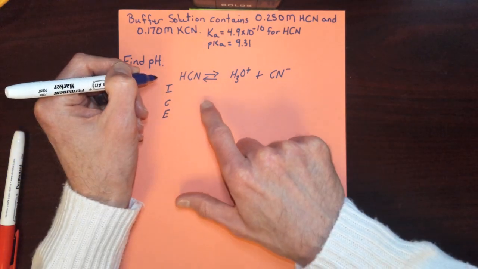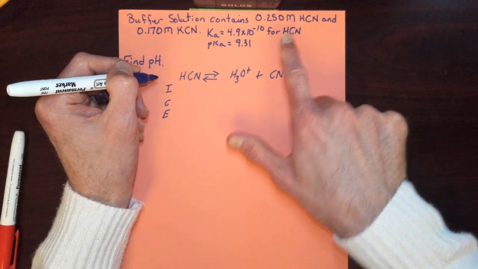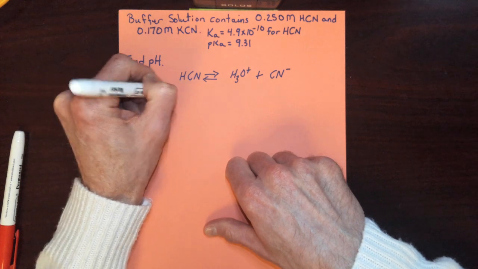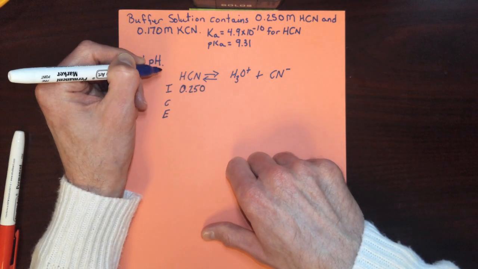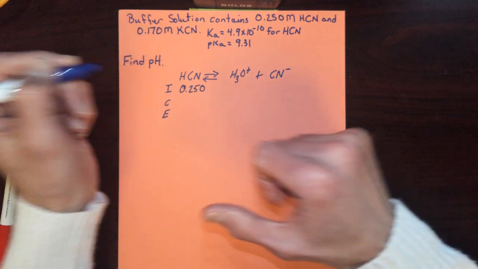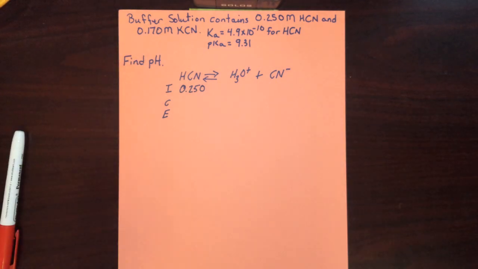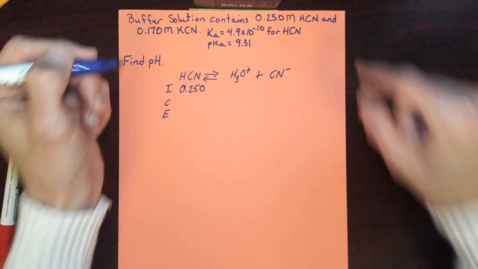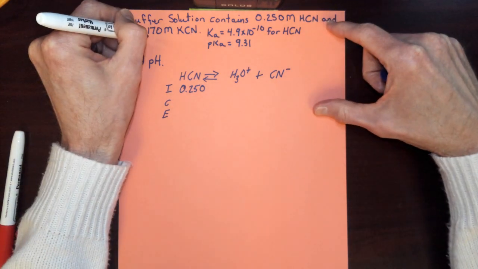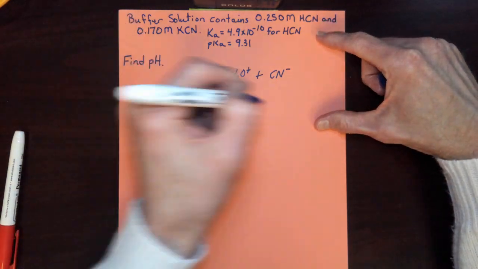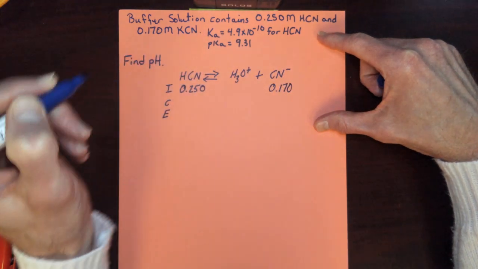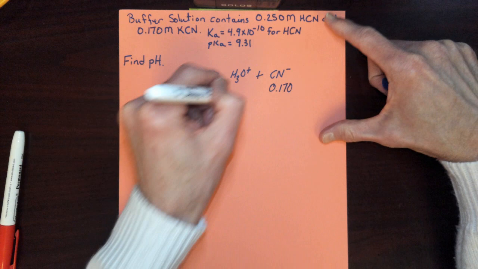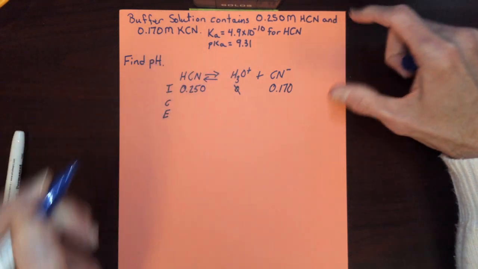Initially it is 0.25 molar HCN, and there is also 0.170 molar of the cyanide ion initially there. H3O+ is 0.